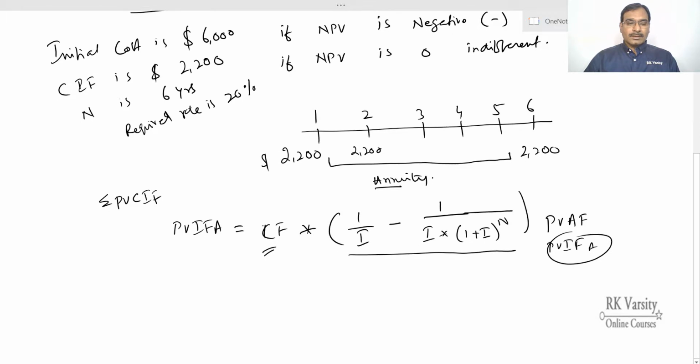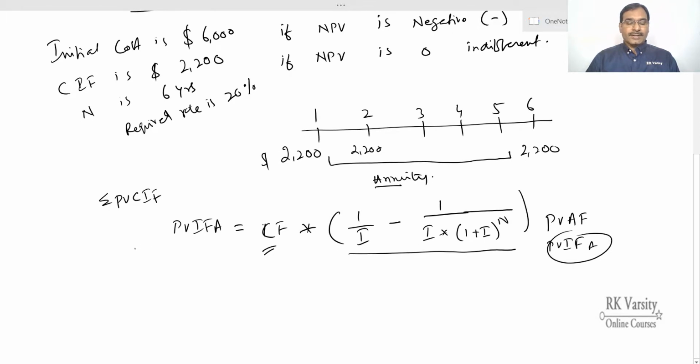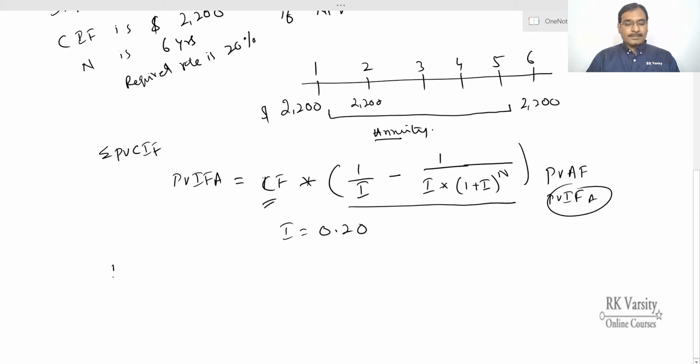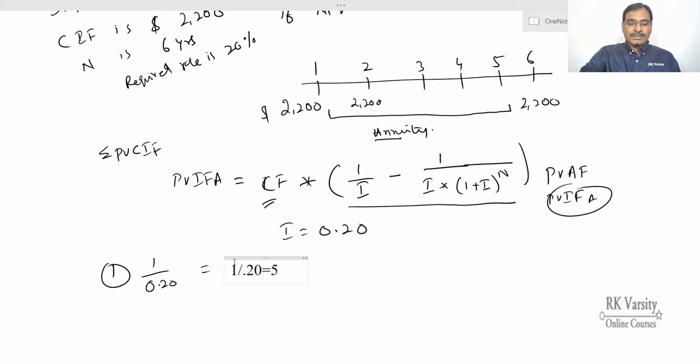Now your discount rate here is 20%, that is I is 0.20. Now we calculate this step by step. In the first step, 1 upon I is 1 upon 0.20, so this equals 5.